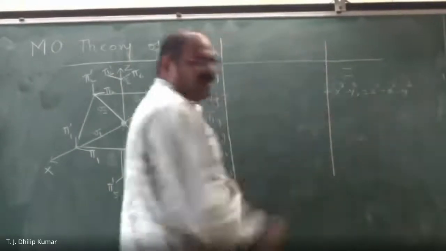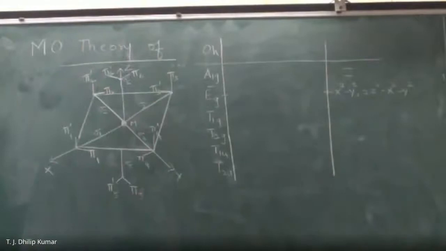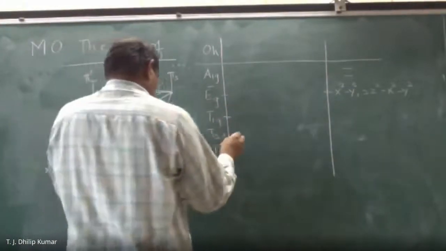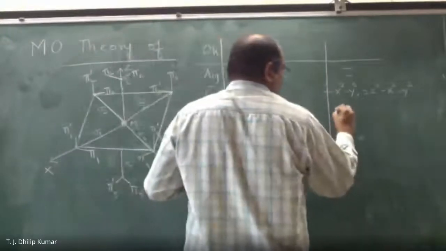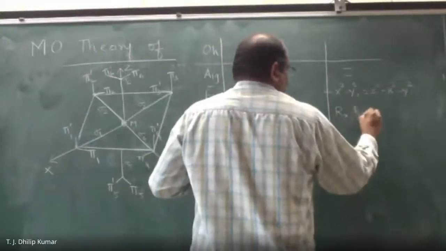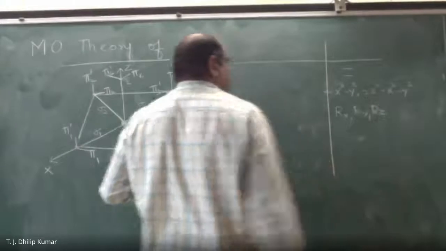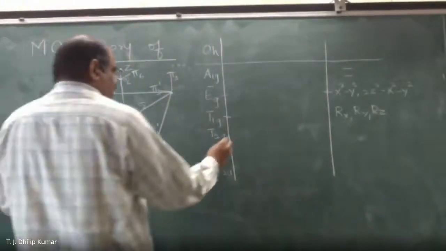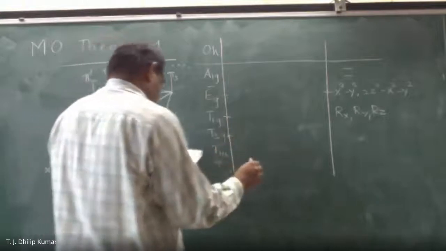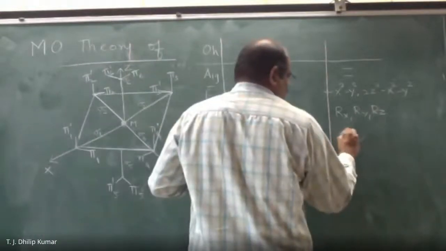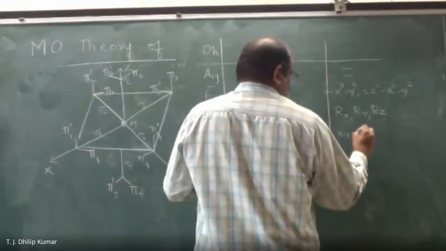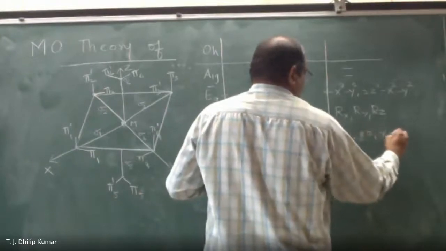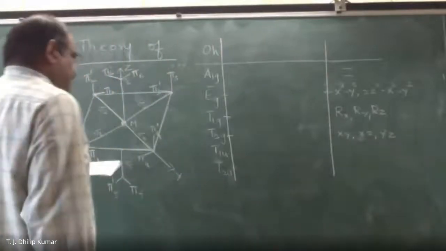You will find this in the character table of the octahedral complex. For T1g, it is Rx, Ry, and Rz. So it's rotational vectors, the rotational basis is given. And for T2g, it's xy, xz, and yz, all d orbitals kind of, right?